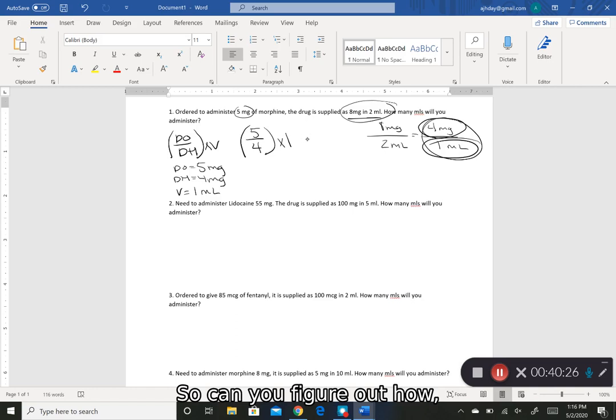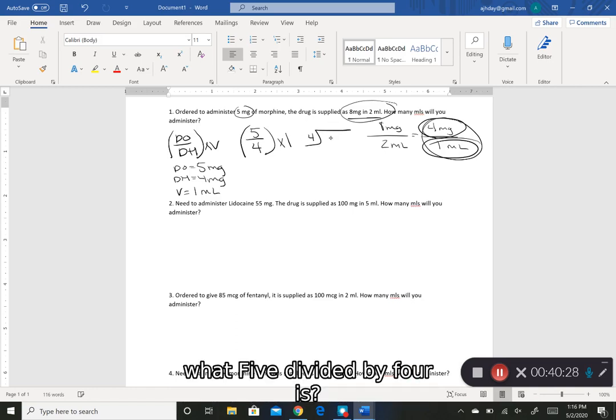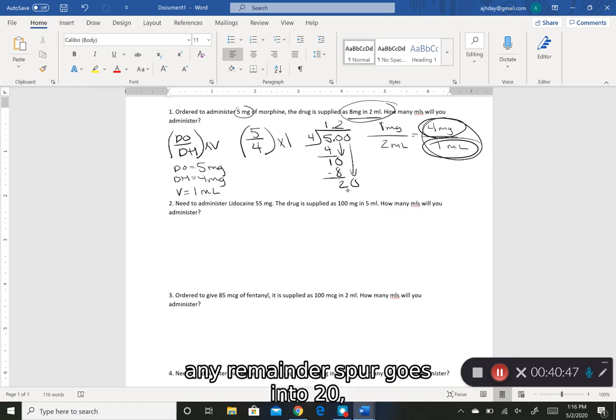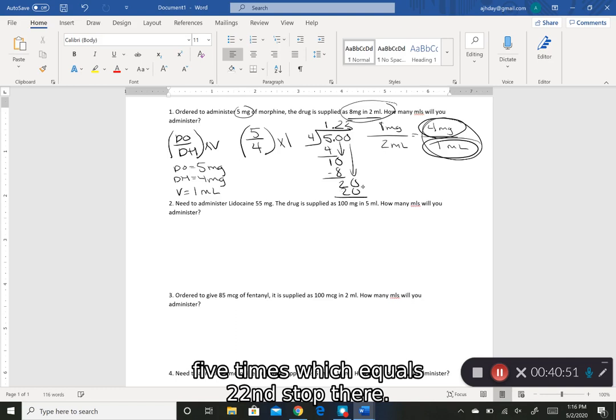So I'm going to figure out what 5 divided by 4 is. 4 goes into 5 one time. I get 1 left over. 4 goes into 10 twice. I'm just going to keep going until I don't have any remainders. 4 goes into 20 5 times, which equals 20, so I can stop there.